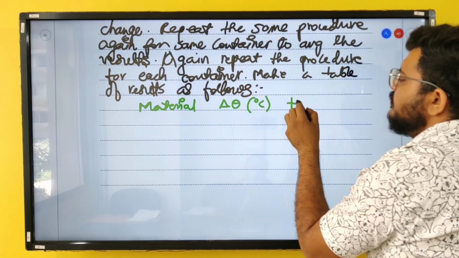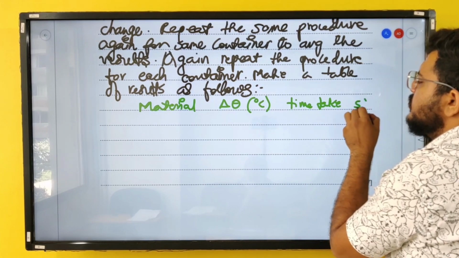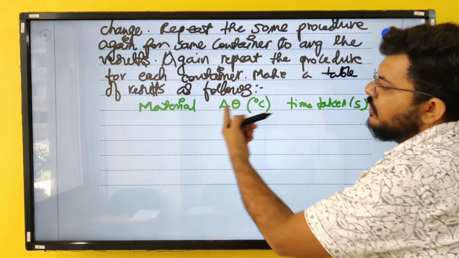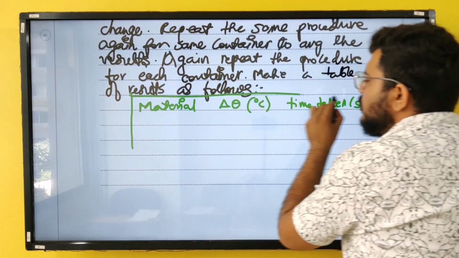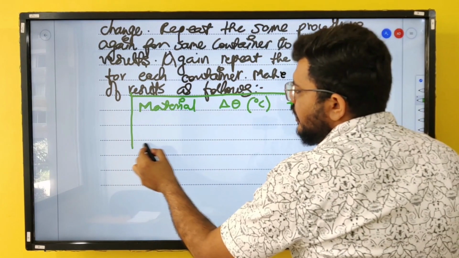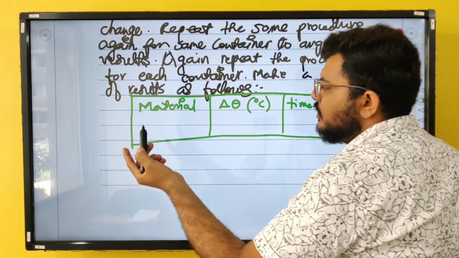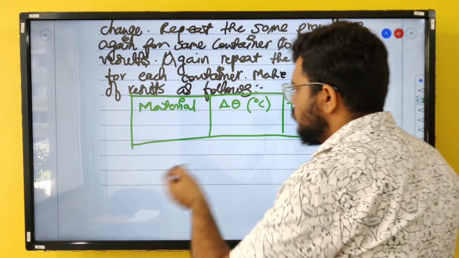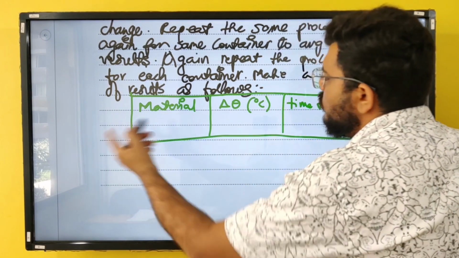And time taken, which is in seconds. Do not forget to write units wherever applicable, otherwise you will not get marks for this table. It does not matter if we put the values or not, because we are not doing the experiment, we are planning it.